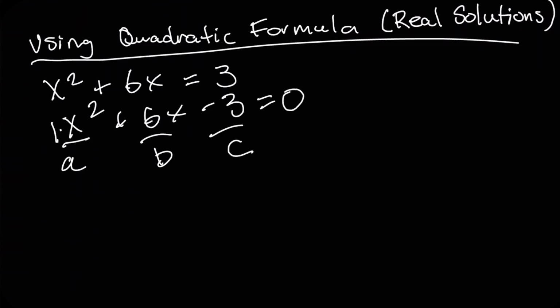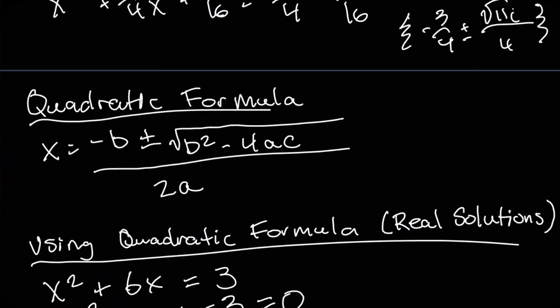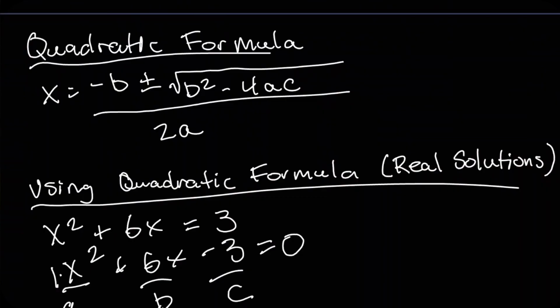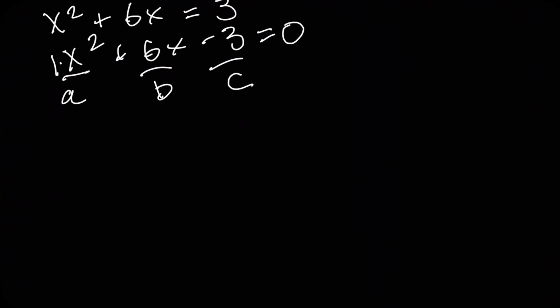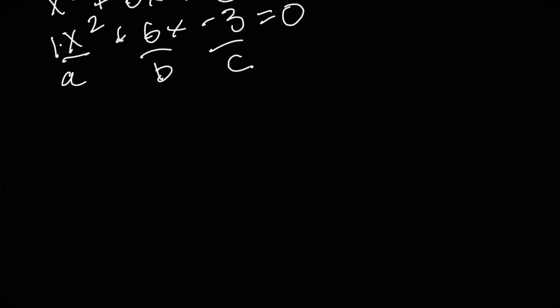And we can take all these numbers, plug them into this equation that we have up here, and we should be able to get a solution. So let's go ahead and plug this into our equation.